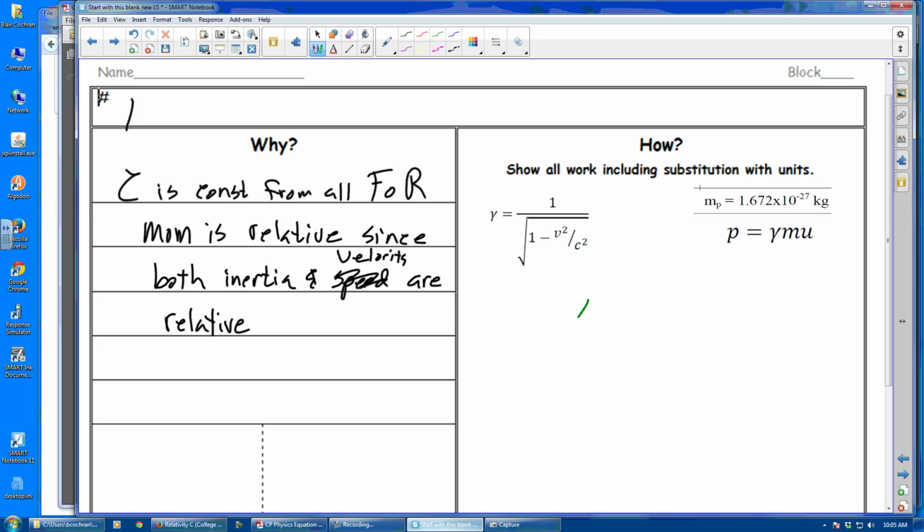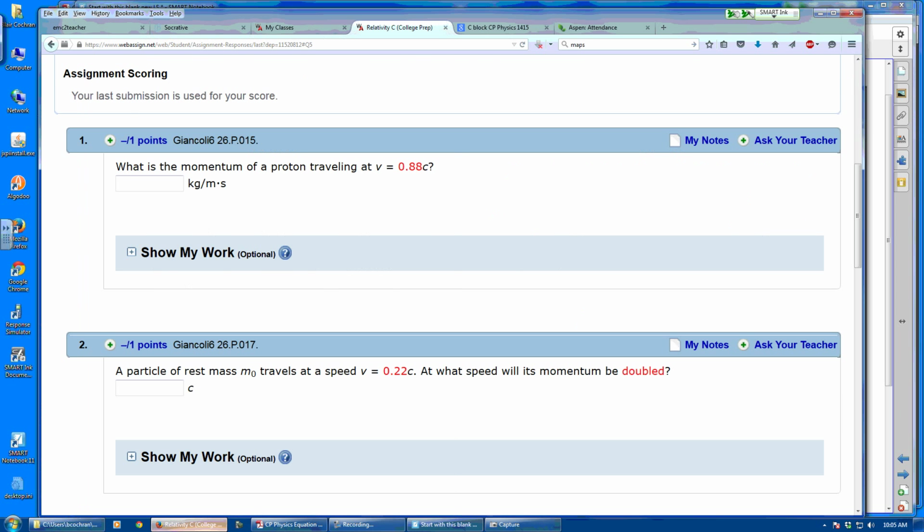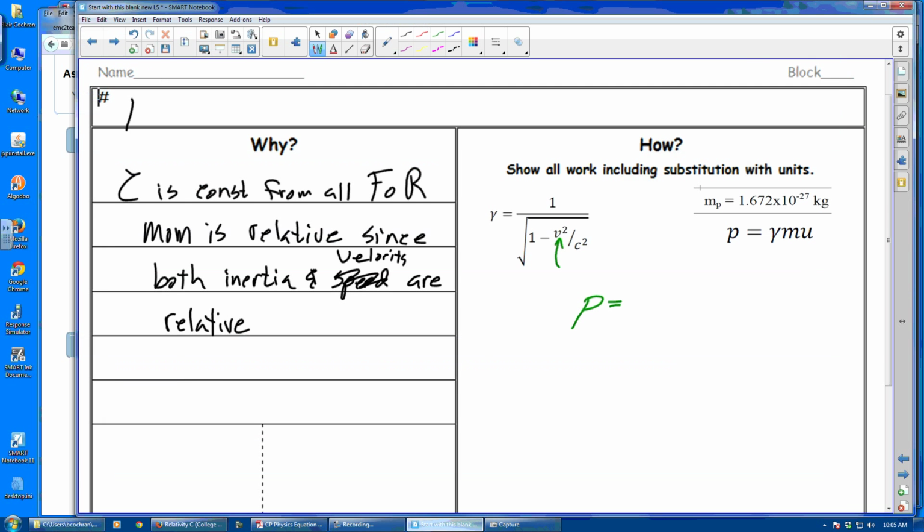So let's see. You're looking for the momentum. You know gamma because this frame of reference is moving at 0.88 c. And so you know gamma.